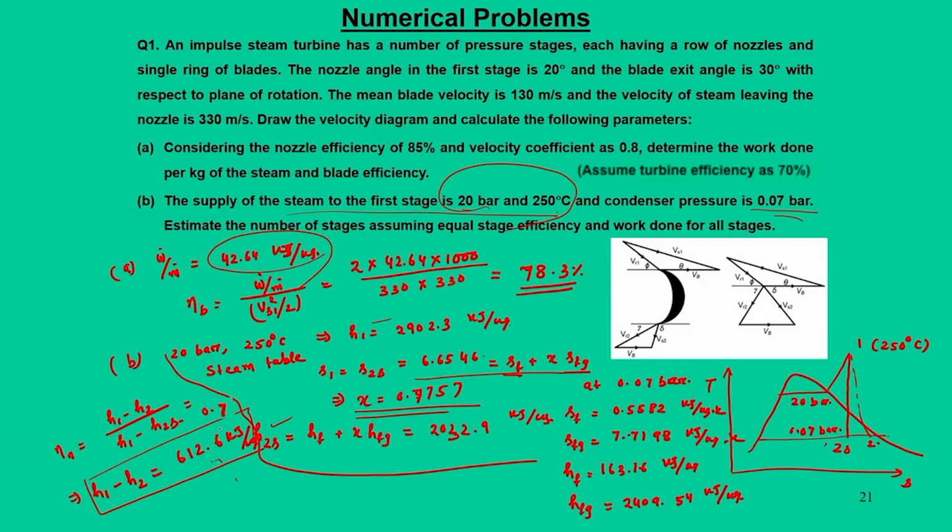So, this means the number of stages, by assuming equal stage efficiency and work done for all stages, would be the ratio of delta H total divided by delta H stage, and that number will be 612.6 divided by 42.64 per stage. So, this comes to approximately 15 stages.